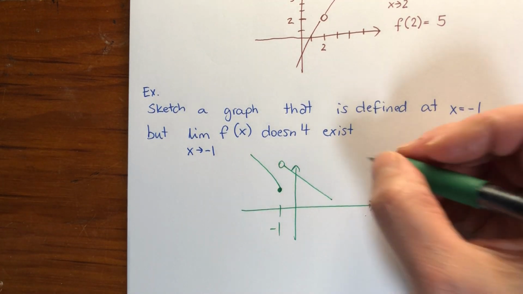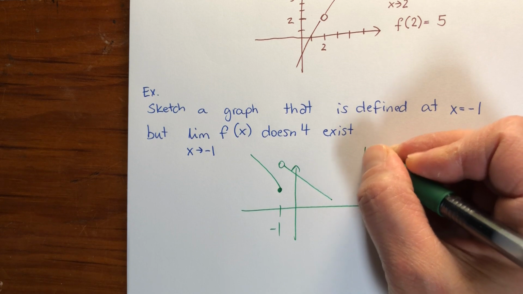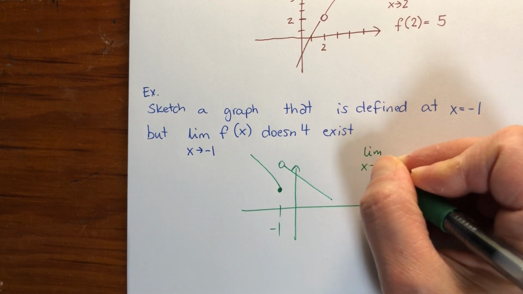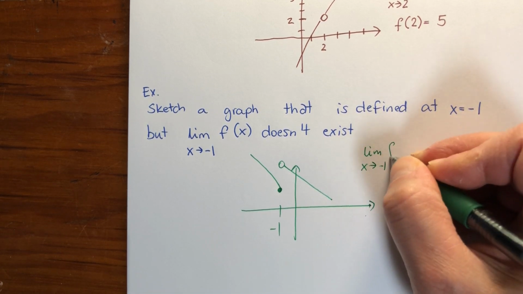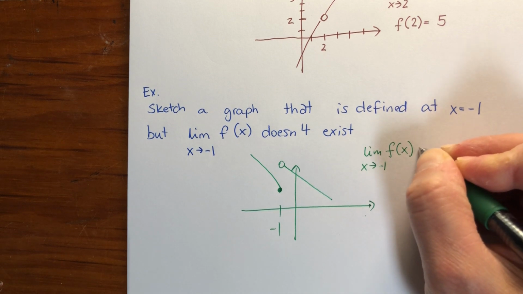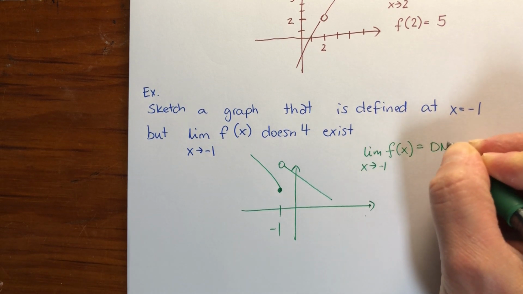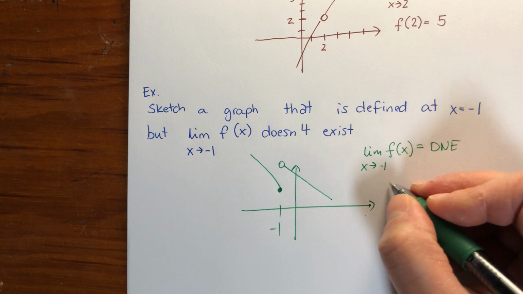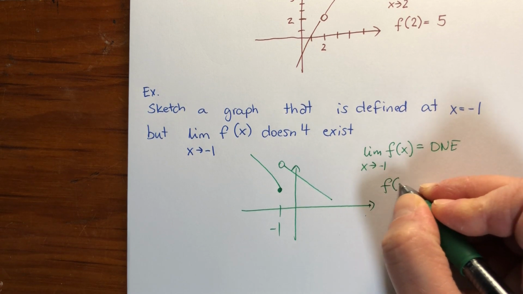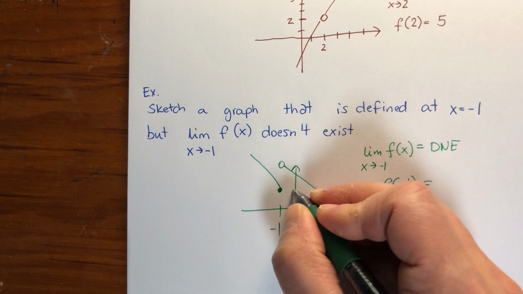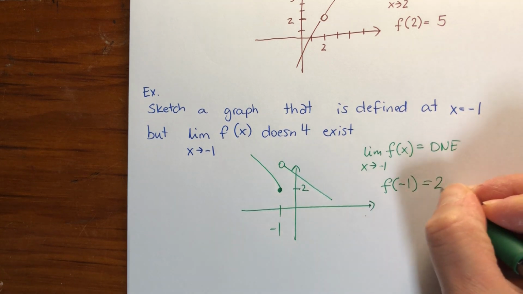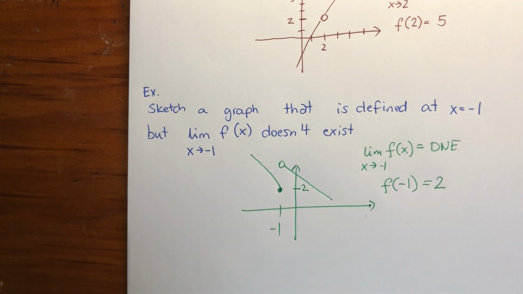And that's it, because limit as x approaches -1 of this f of x function does not exist, but the value f of -1 is equal to, let's say this is 2. Again, for this one, everybody could have a different answer, and everybody could have a correct answer.